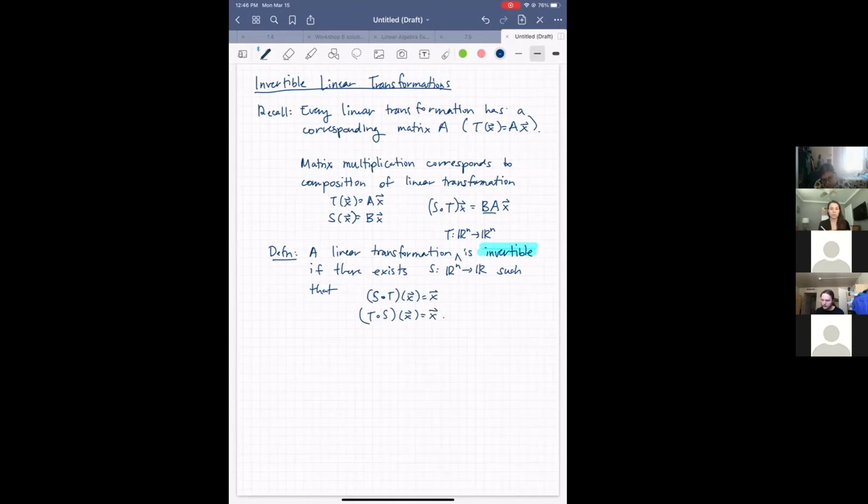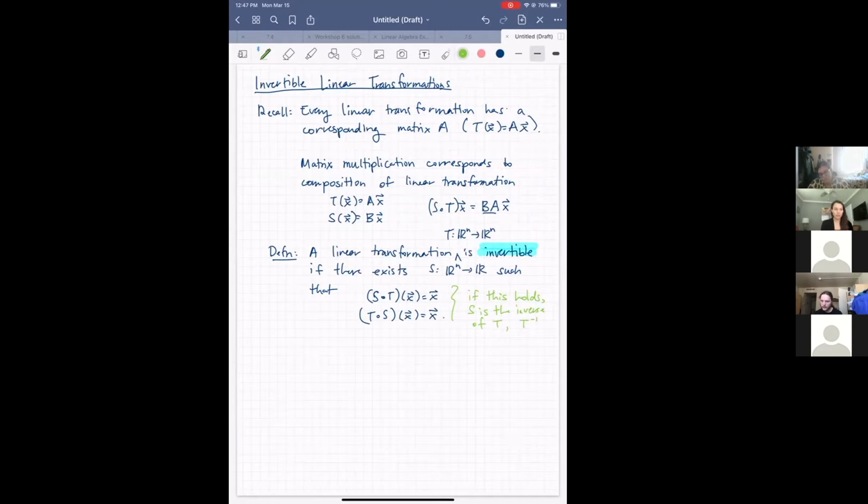So similar to matrices, right? And if this holds, then we say that S is the inverse of T, which would be denoted T to the -1, right?